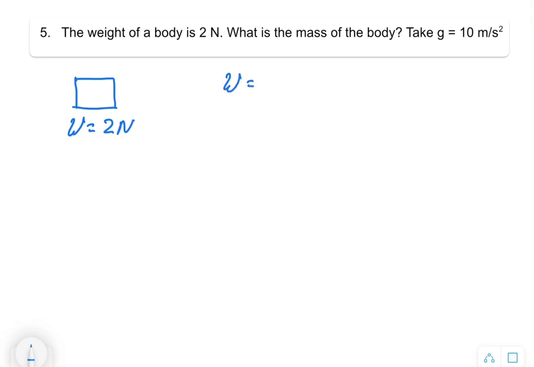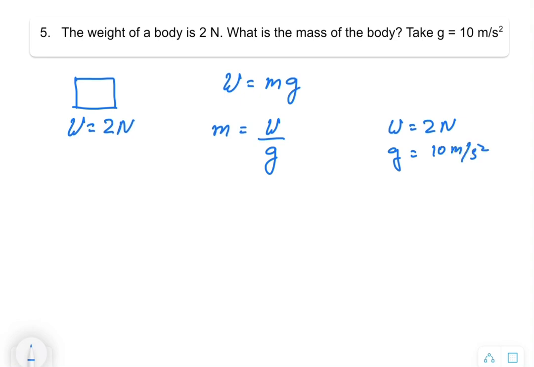W can be written as the product of mass and acceleration due to gravity. Now let us write this equation in terms of mass. So m will be equal to W divided by g. Now W is 2 newtons and g is 10 meters per second square.